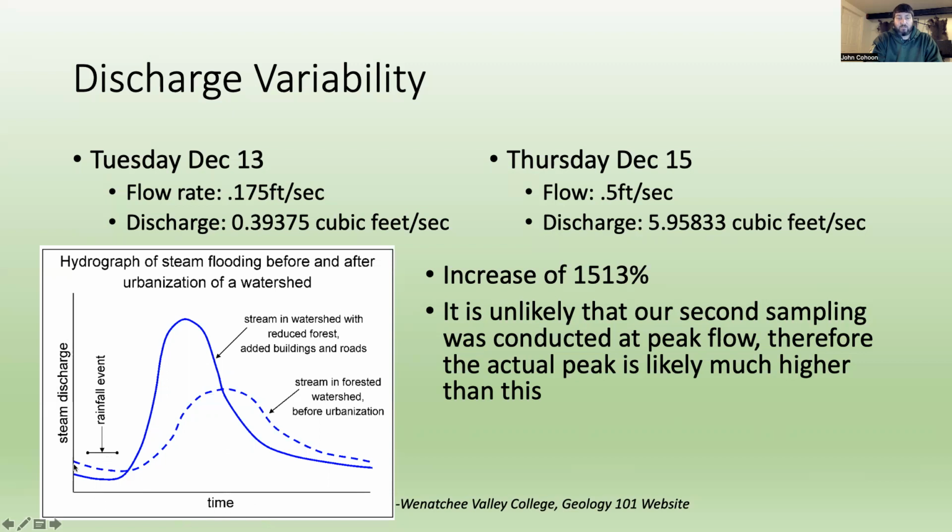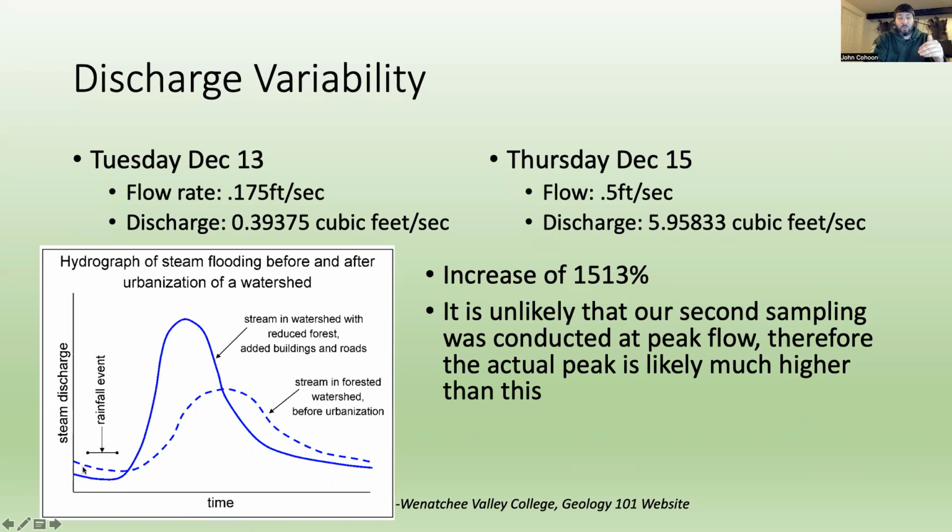So if this is the rain event, in an urbanized watershed, that water gets moved through storm drains and other gray infrastructure very quickly. And so the stream very quickly fills up. And then the stream is efficient and it moves all of that water out very quickly, and discharge drops back down very soon.